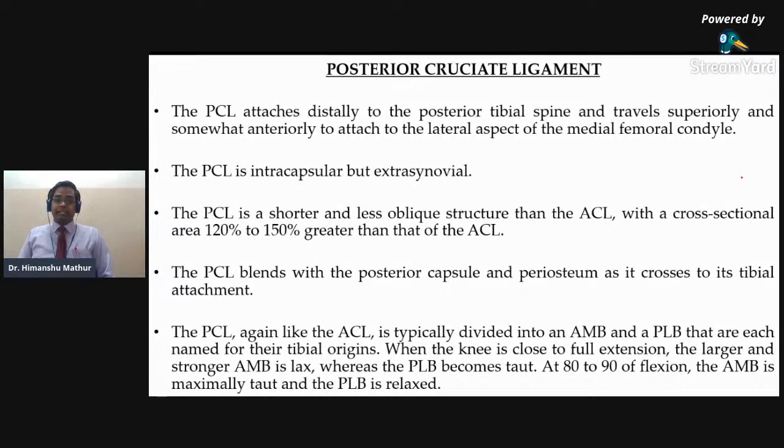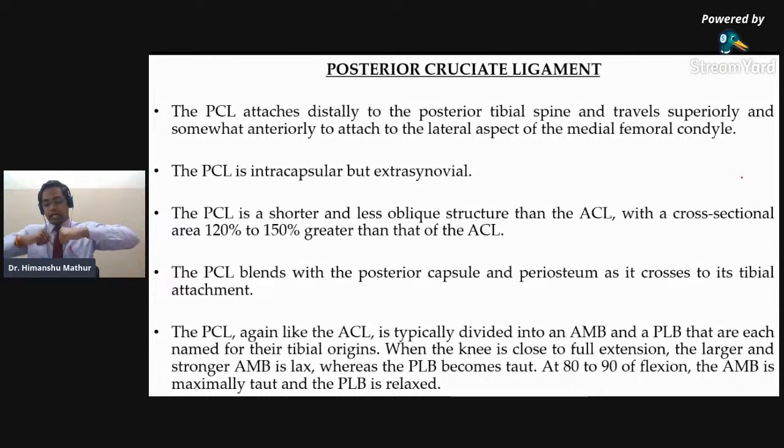Now, the PCL blends with the posterior capsule and periosteum as it crosses its tibial attachment. The PCL, again like the ACL, is typically divided into AMB and PLB, each named after their tibial origins. When the knee is closed into full extension, the larger and stronger AMB is lax.